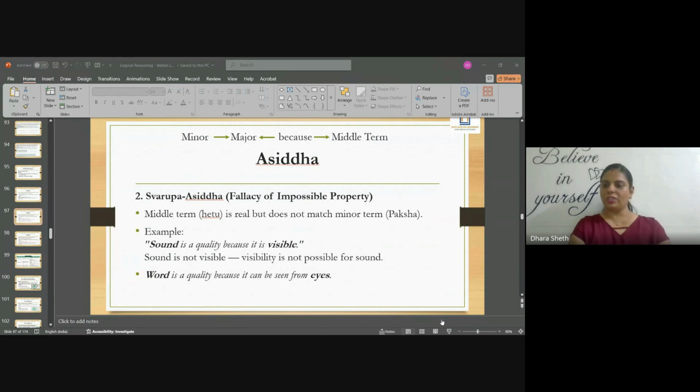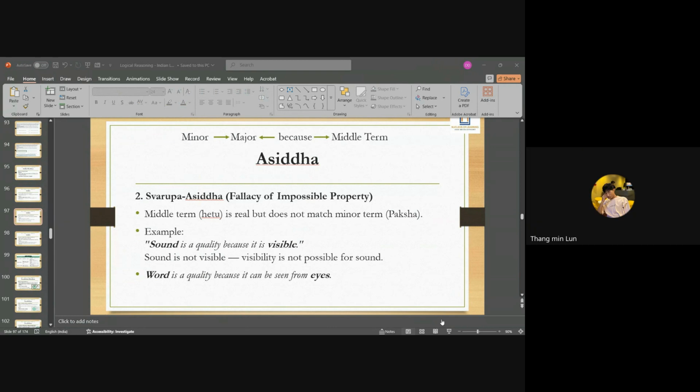Yes, what question do you have? Ma'am, just one question here. Paksha is minor term, right? I saw one slide where it's written Sadhya is a minor term in the previous slide, I think.